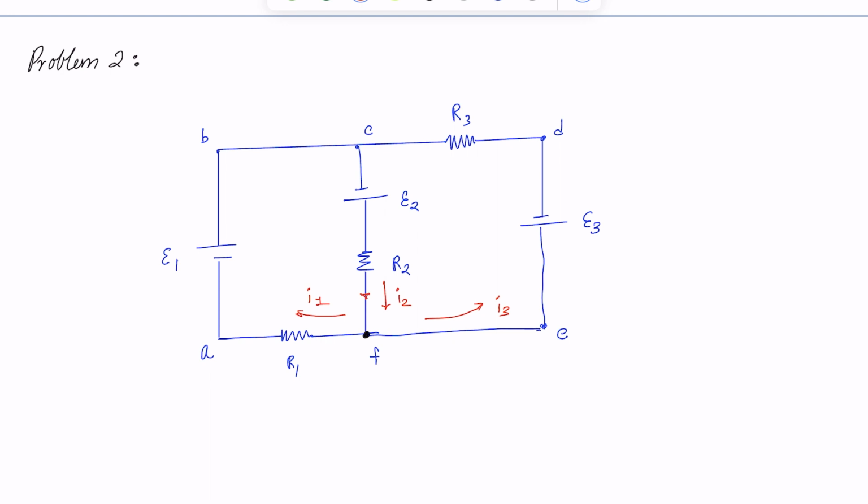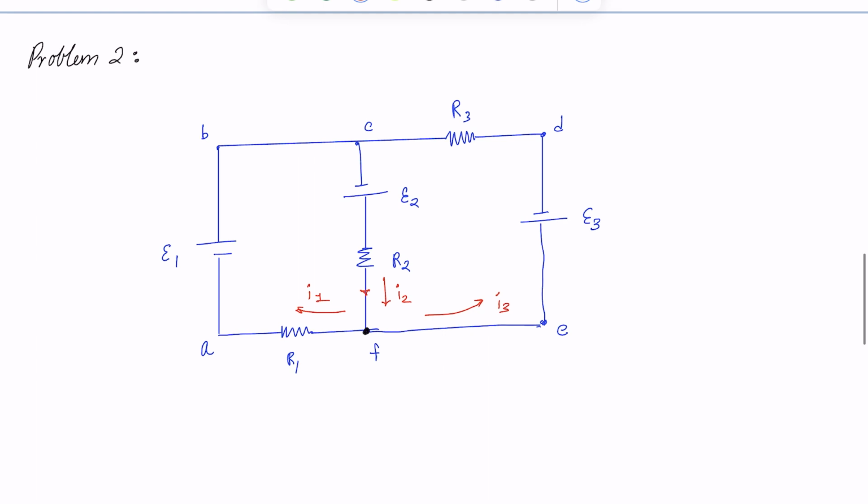You can have the opposite directions if you want, because in the very end what we will see in this example is that the I3 direction that I have taken is incorrect, because I3 will be minus something. That means that the direction I have assumed is the opposite of what it really is. That's the only difference you will see, unless the current directions are specified, and then you will have no choice but to solve according to those directions. But generally the directions of these currents are arbitrarily chosen, okay?